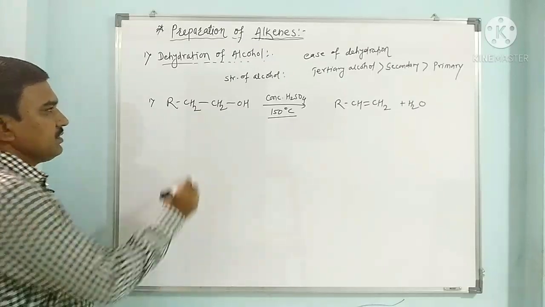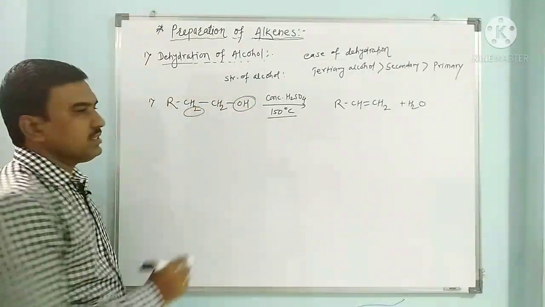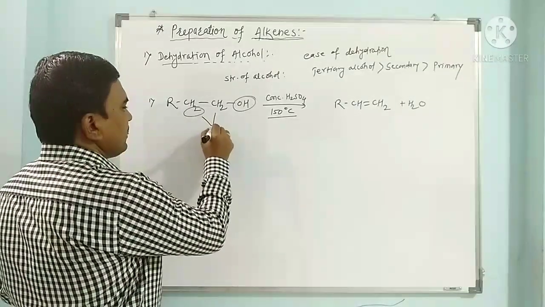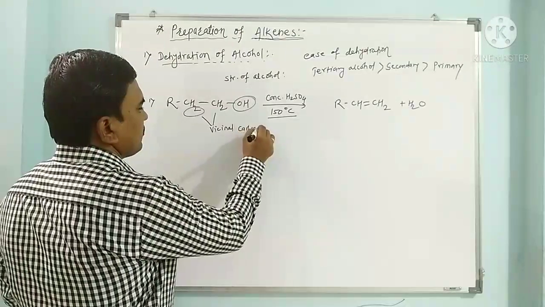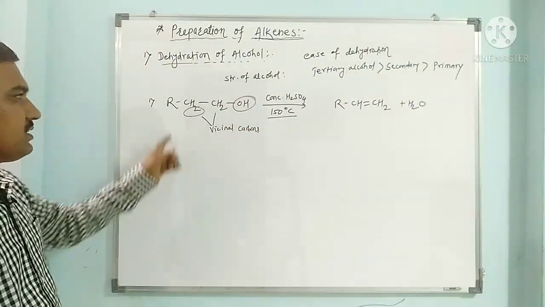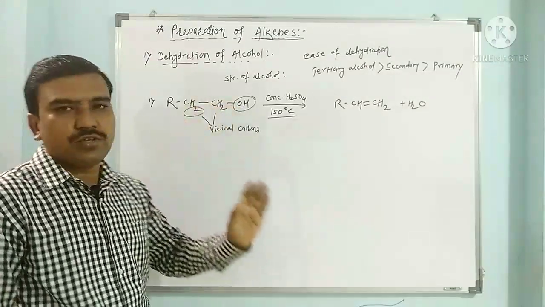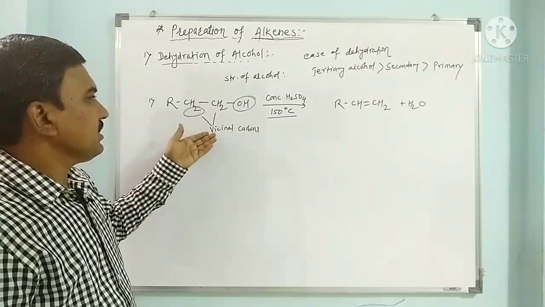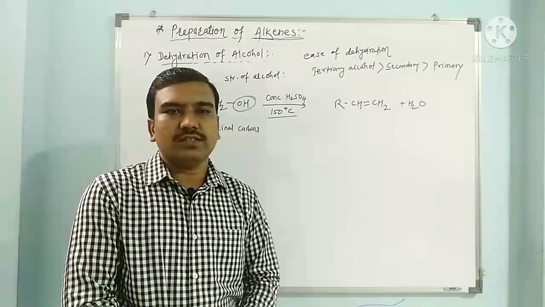This hydrogen and this OH from these carbons, which are called vicinal carbons, adjacent carbons, are lost. The vicinal carbons lose these two groups and give alkene as a product.